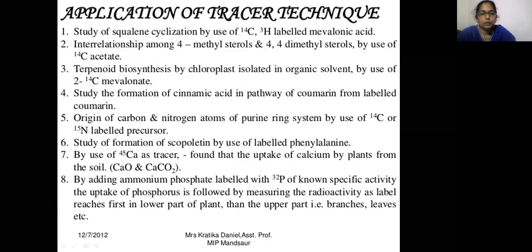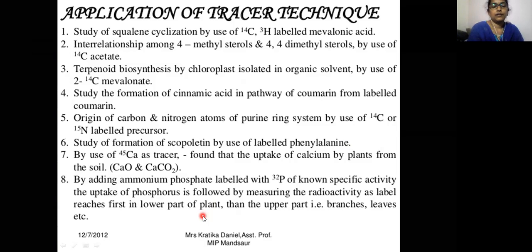Next, by adding ammonium phosphate labeled with phosphorus 32 of known specific activity, the uptake of phosphorus is followed. Here also we are using radio labeled ammonium phosphate and measuring the phosphorus uptake by the plants, and we are also measuring the radioactivity of these labeled compounds.